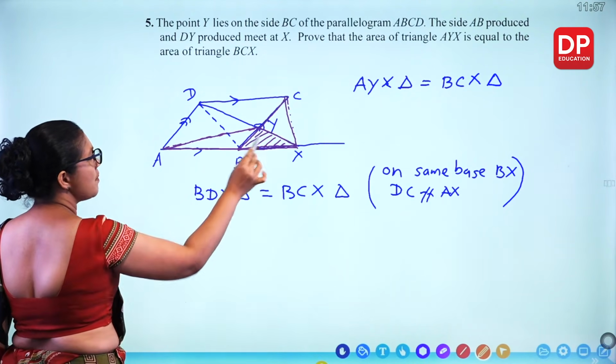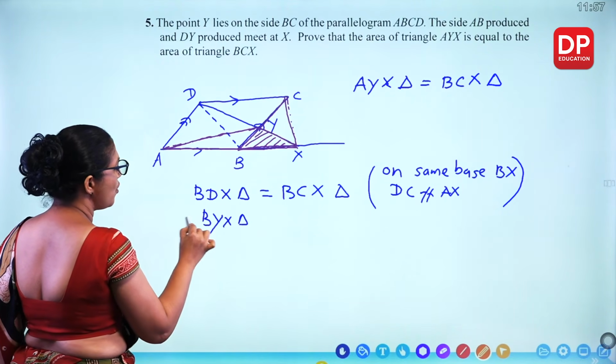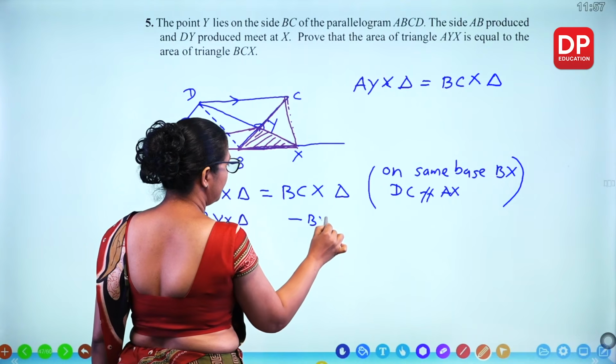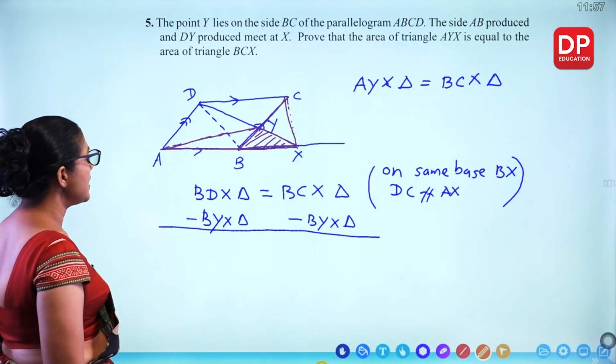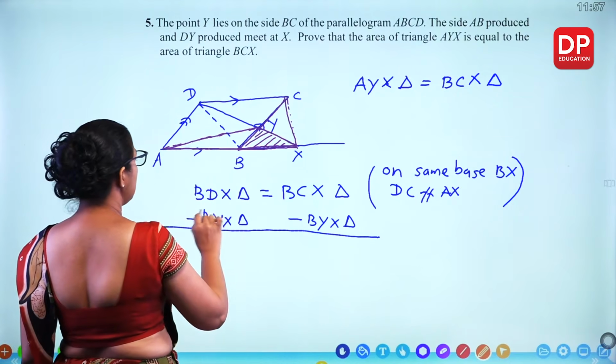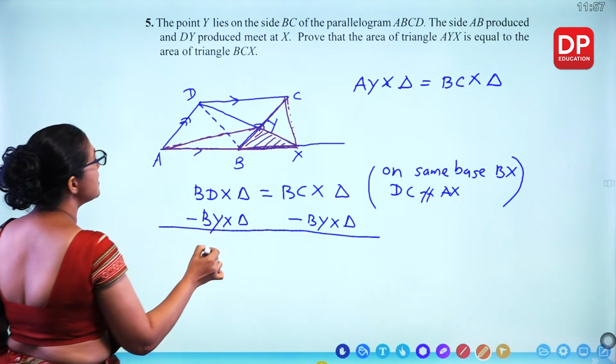Now I want to subtract BYX triangle from both sides. What am I getting? This triangle BDX minus this, I am getting BDY.